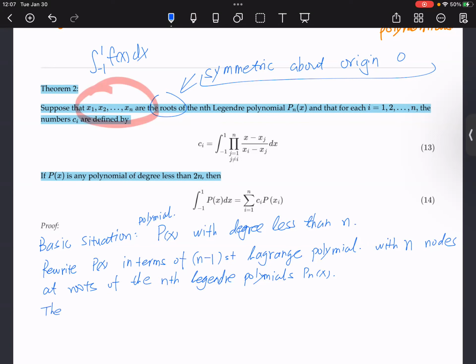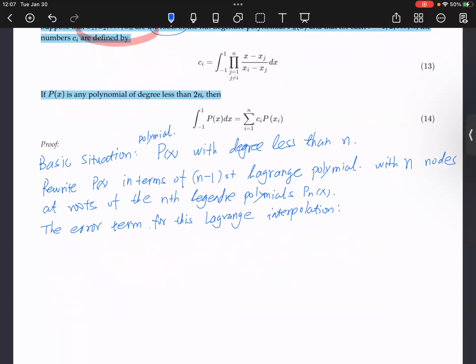So from the error formula for this Lagrange interpolation, if you go back to chapter 3, you would get the error formula for the Lagrange interpolation. And the error formula looks like this.